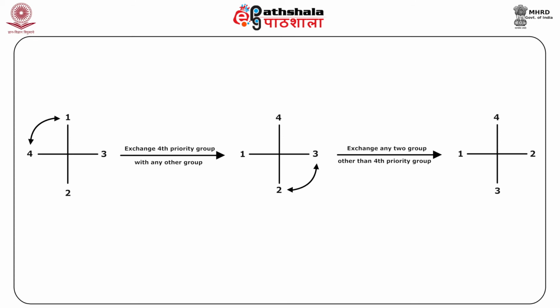It should be noted that a single exchange between any two groups will definitely result in the opposite configuration. Thus, two exchanges are required. Now you can see in the figure how the two exchanges are done to bring the group with the lowest priority onto the vertical line.